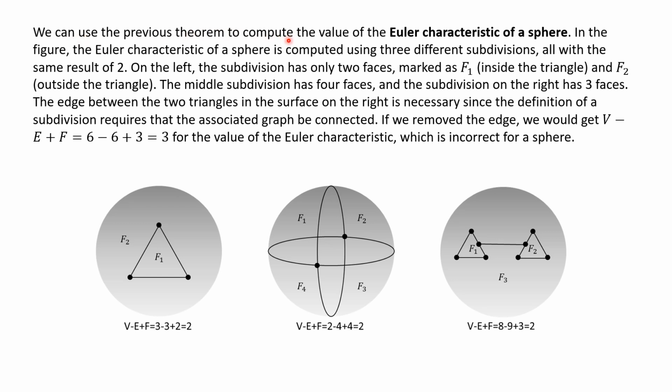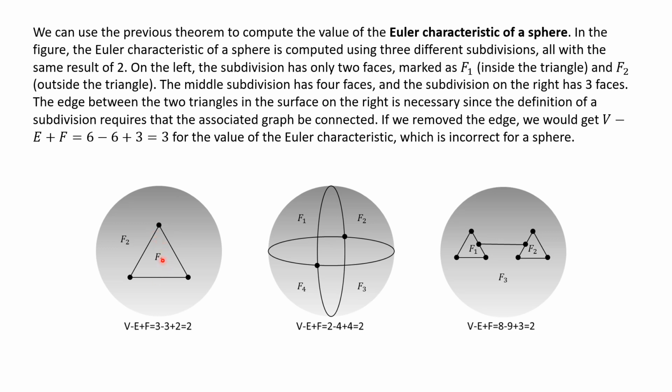We can use the previous theorem to compute the value of the Euler characteristic of a sphere. In the figure below, the Euler characteristic of a sphere is computed using three different subdivisions. We only needed to do it once, but I wanted to show that you always get the same answer. You need to be a little bit careful, especially with the one on the right. So on the left, we put a subdivision of the sphere, and again, as I alluded to in the previous slide, this triangle is actually curved, but we still call it a triangle.